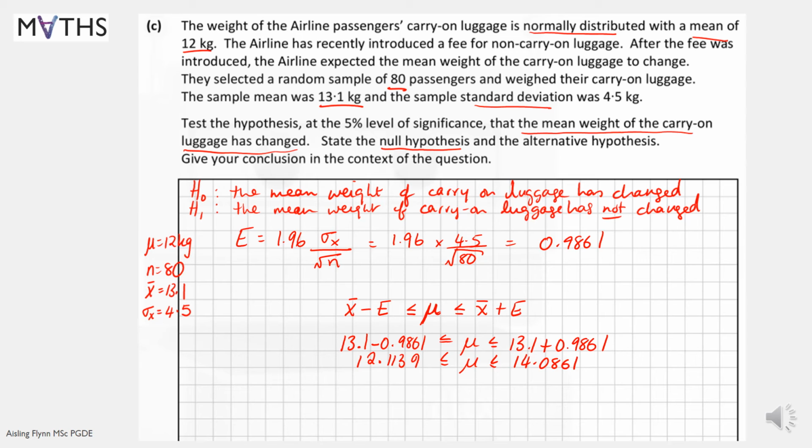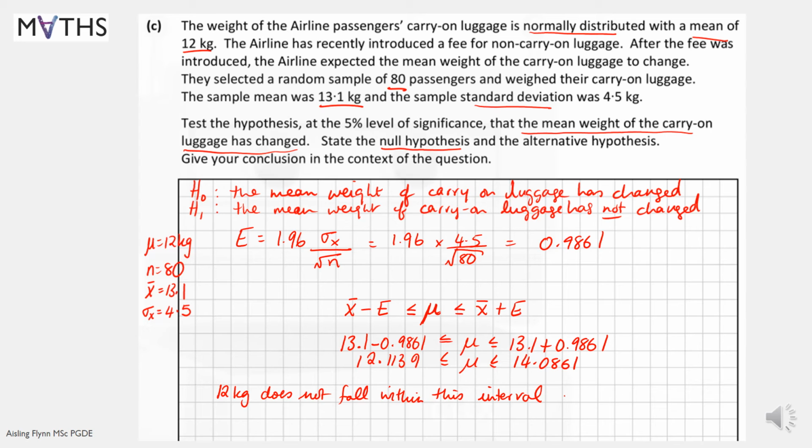Now 12 kilograms was the original mean, and you can see that it does not fall within this range or within this interval. Okay, so we'll write it down: 12 kg does not fall within this interval.